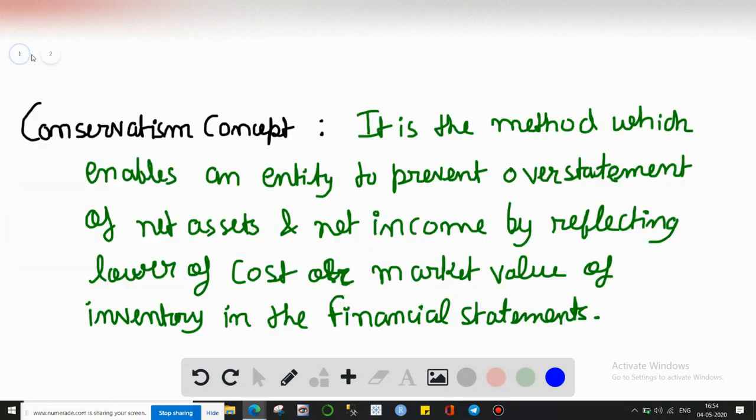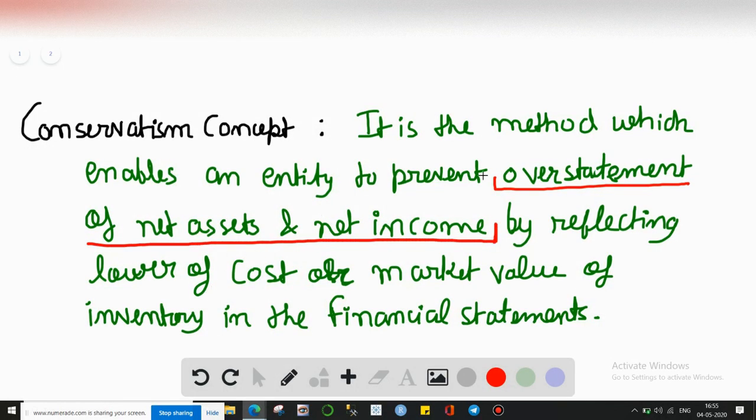But why it says like this, we will understand through the definition we have just written. It enables an entity to prevent the overstatement of net assets and net income. This is the prime focus of the conservative concept, that it prevents the overstatement of net assets and net income.